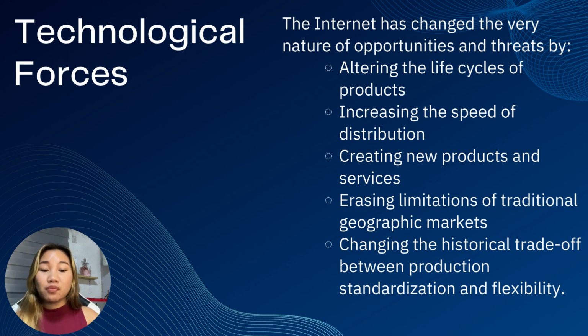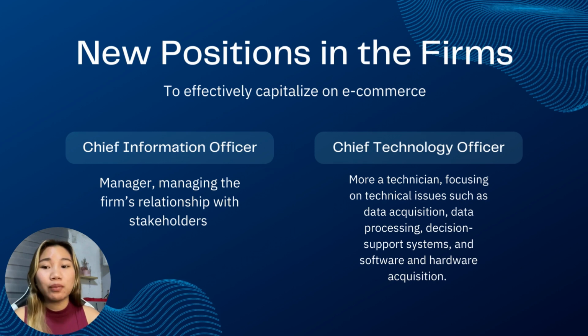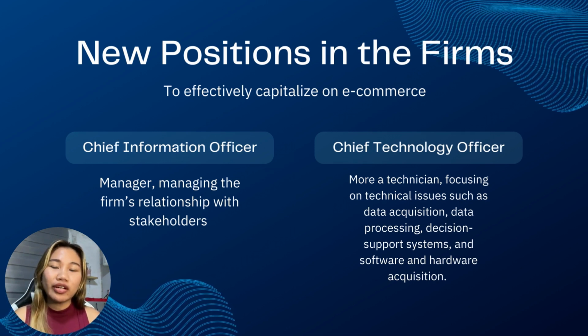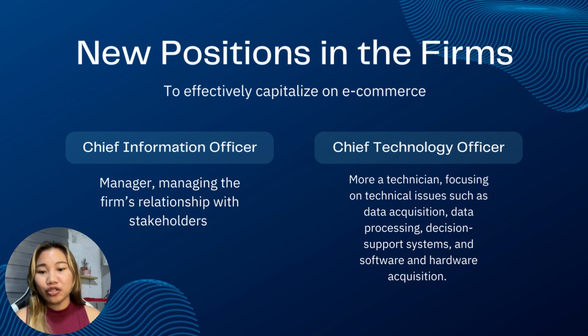To effectively capitalize on e-commerce, a number of organizations are establishing two new positions, the CIO, or the Chief Information Officer, and the CTO, the Chief Technology Officer. This trend reflects the growing importance of information technology in strategic management. A CIO and CTO work together to ensure that information needed to formulate, implement, and evaluate strategies is available where and when it is needed.